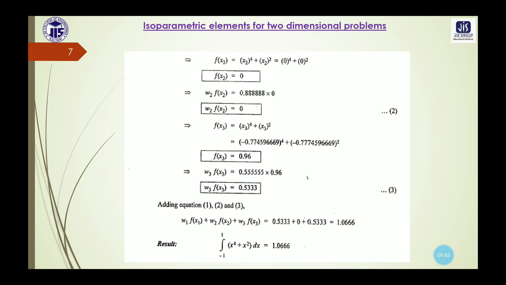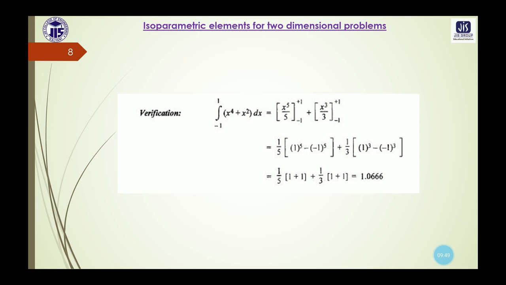Now, how to verify this result? The verification is simple. We need to perform the integration here, that is minus 1 to 1 of x to the power 4 plus x square dx. For the first one, x to the power 4, it is 1/5 x to the power 5, and for the second part it is x cubed by 3, with the limit minus 1 to 1.